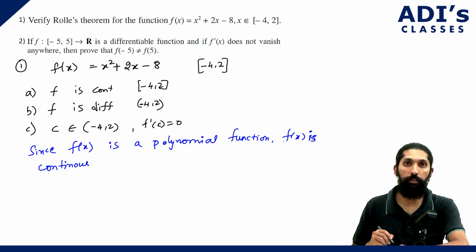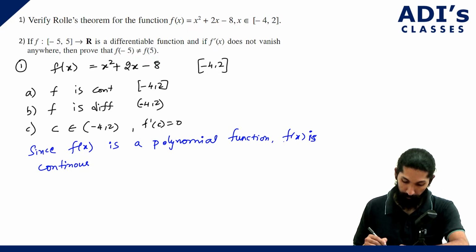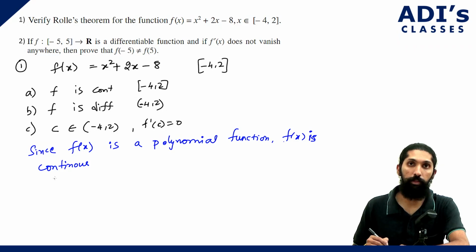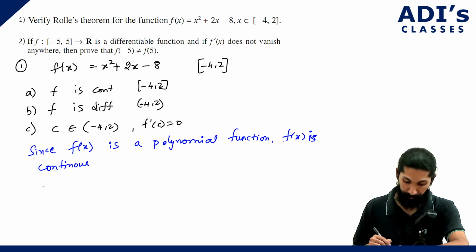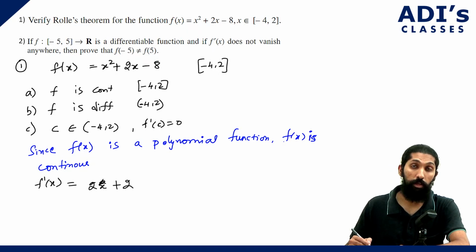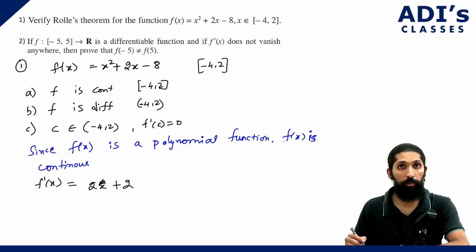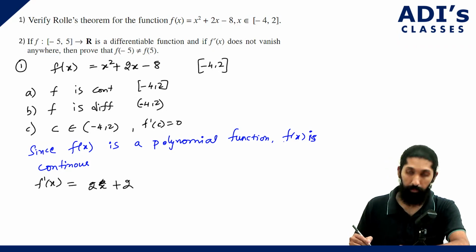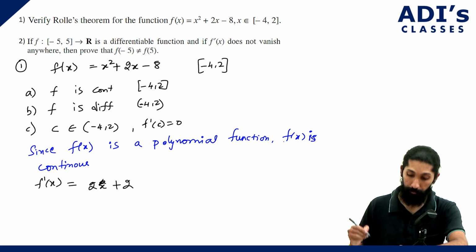Let's try to find this one out now. See what we have. f is differentiable, correct? Differentiate this one. f dash of x is equal to 2x plus 2. Now 2x plus 2, that means f dash of x is differentiable, and that too at (-4, 2), correct?